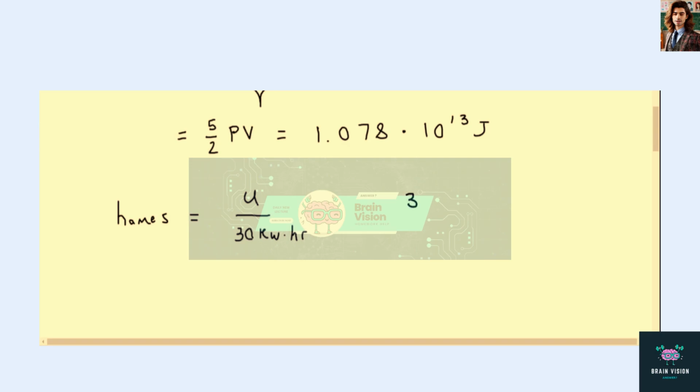So in 30 kilowatts, there are 30 times 10 to the 3rd watts. And then in 1 hour, we know there are 3,600 seconds, which is a very, very useful conversion to remember.